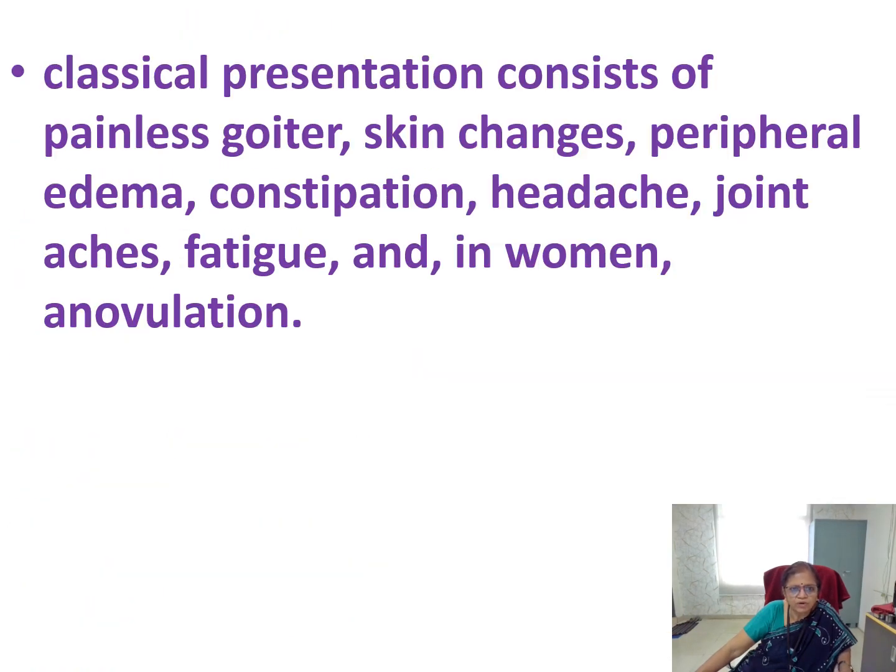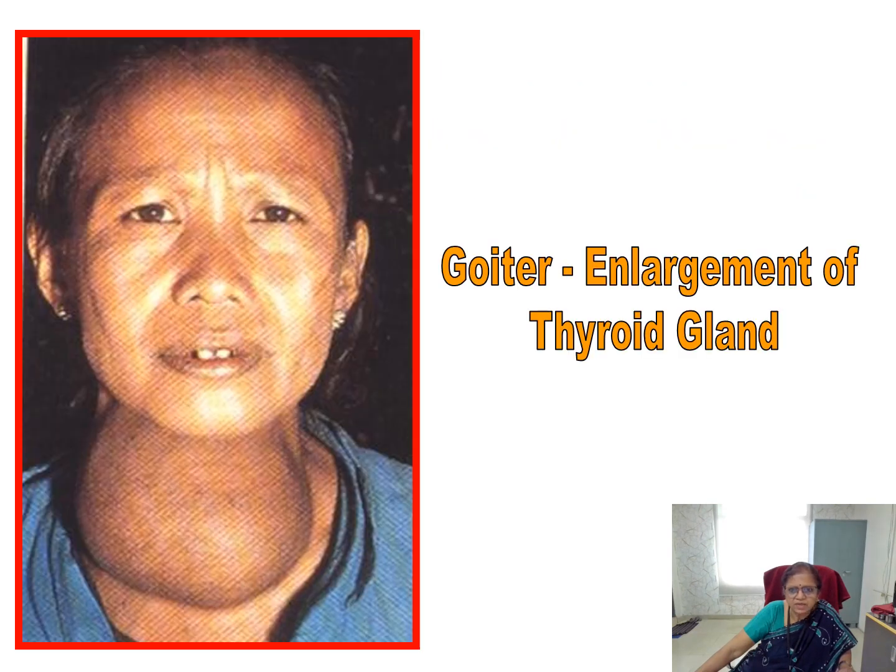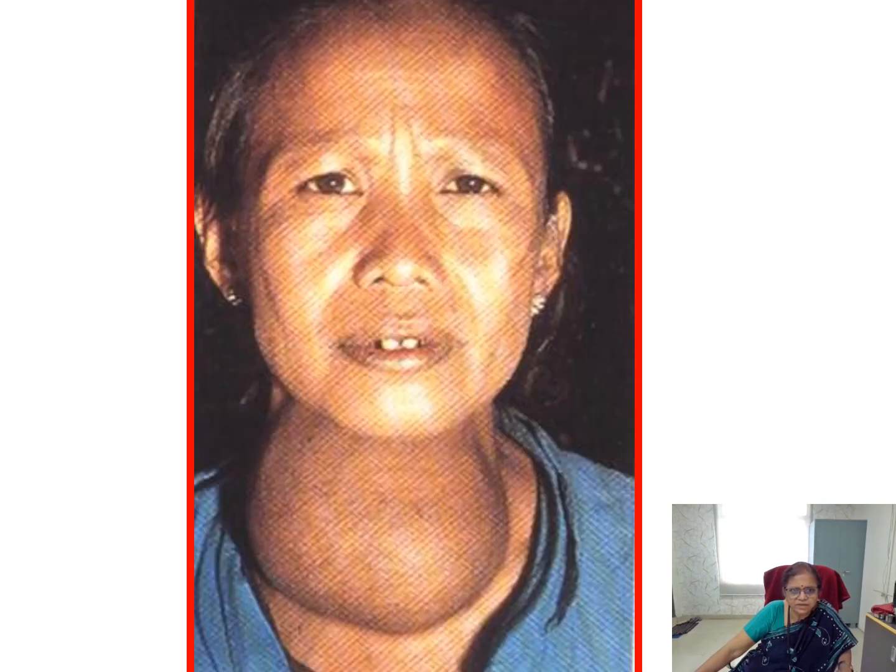This is one of the spotters again kept in your exam to identify the condition. The condition consists of painless goiter, skin changes, peripheral edema, usually called myxedema, and people will have constipation, headache, joint aches, and fatigue is a common feature. In women, anovulation is also possible in a younger age group. A goiter is nothing but enlargement of the thyroid gland, and could be a hypo or hyper condition.